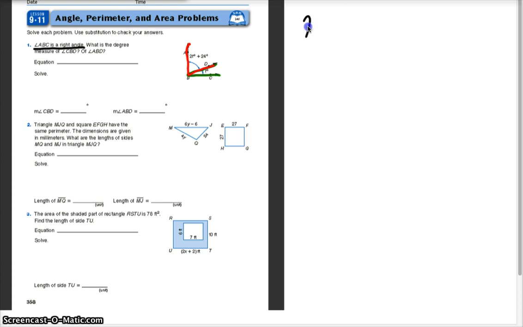So 90 degrees equals, now we can add both of these angles that we don't know. So we have, what is that, 2T plus 24.